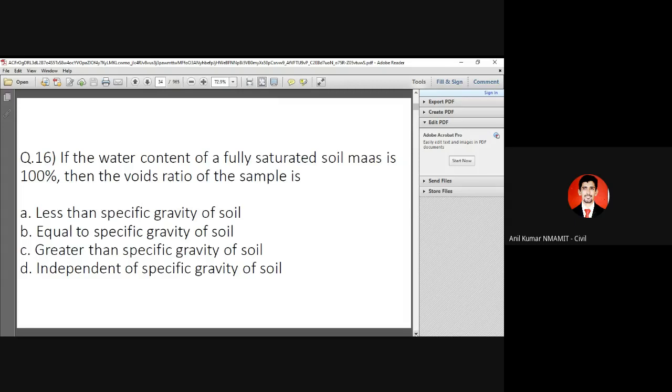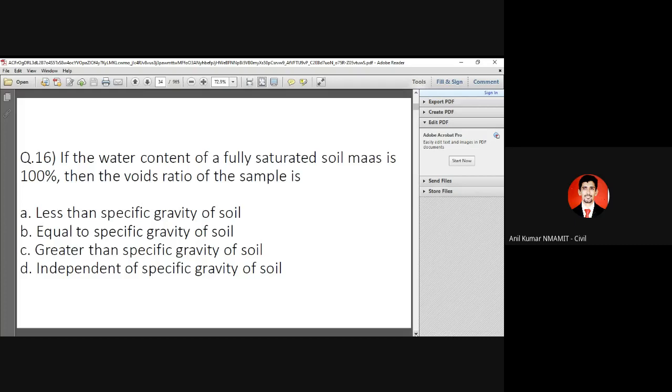Then the void ratio of the sample is less than the specific gravity of the soil, equal to the specific gravity of the soil, greater than the specific gravity of the soil, or independent of the specific gravity of the soil. If the water content is fully saturated, that means S is equal to 1, then the void ratio of the sample, there is a relationship between the void ratio and the specific gravity.